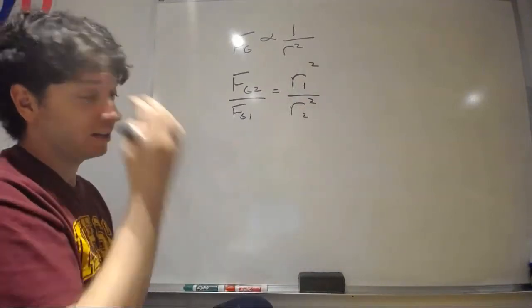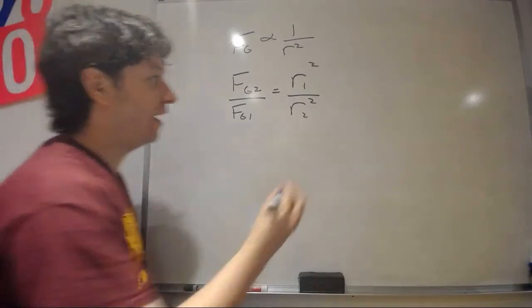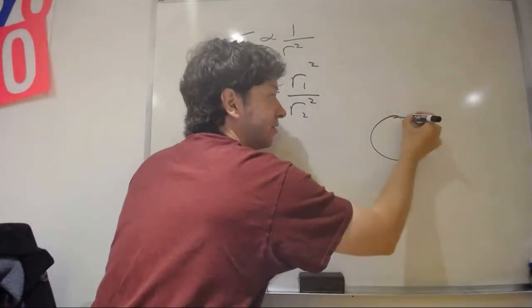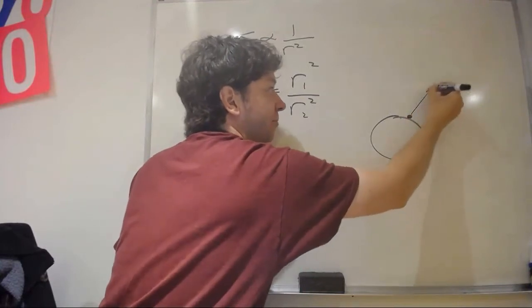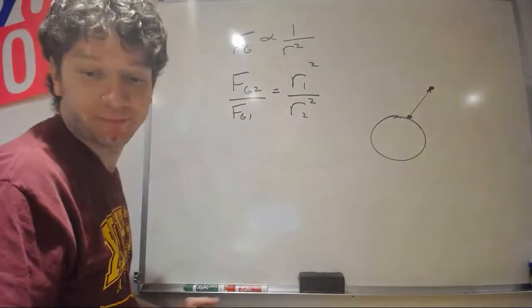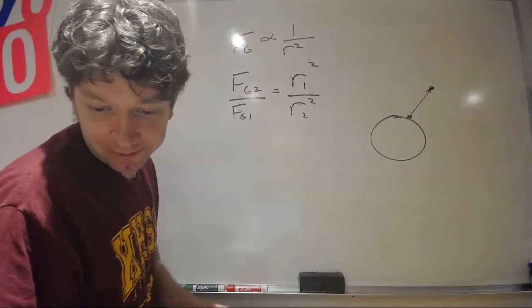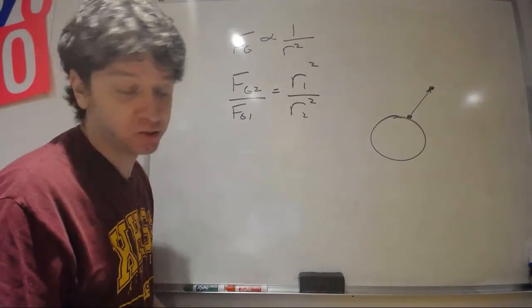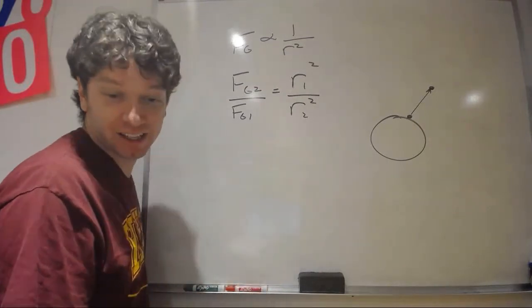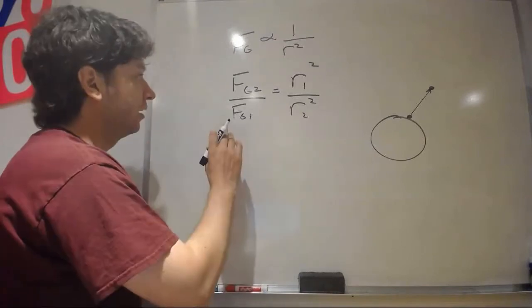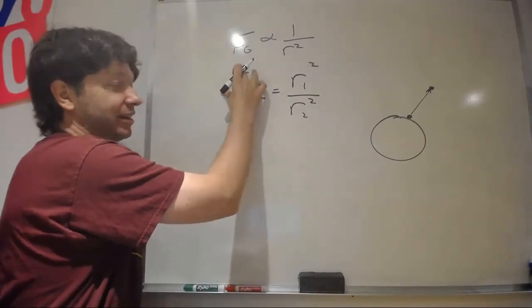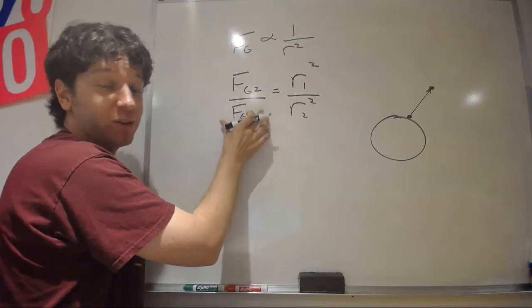Okay, so what's happened? We've had something on the surface of the Earth move up to another point where the gravitational force is now 2.8% of its initial value. So what does that mean? It means this is now 2.8% of that. So I can write it in terms of that.